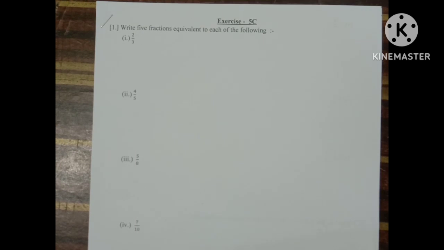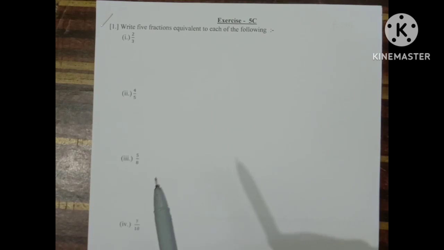To solve this question, you have to multiply the numerator and denominator of the given fraction by a natural number. Here the given fraction 2 by 3 is already multiplied in the numerator and denominator by the first natural number, that is 1.